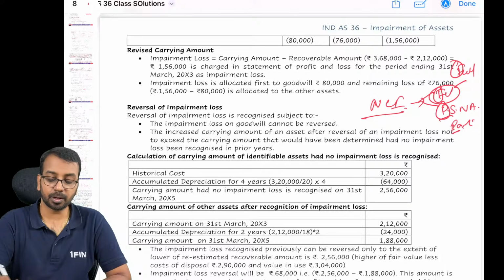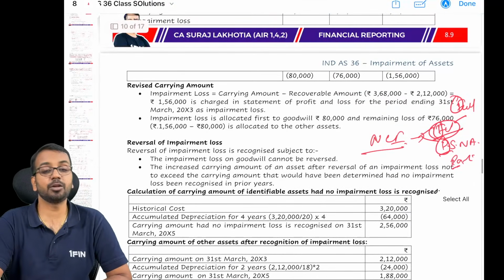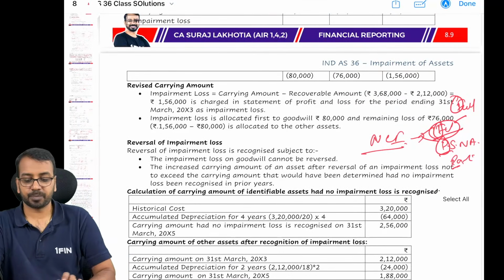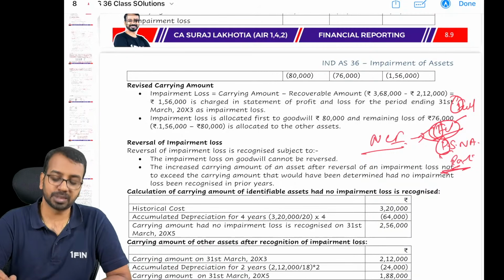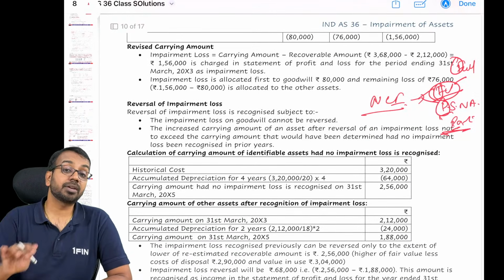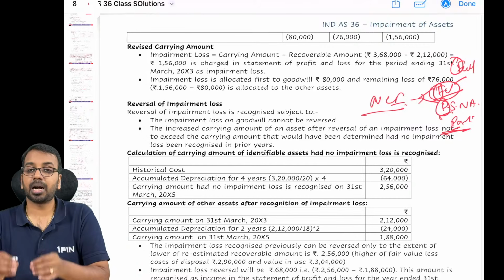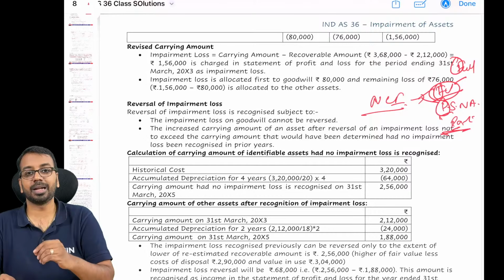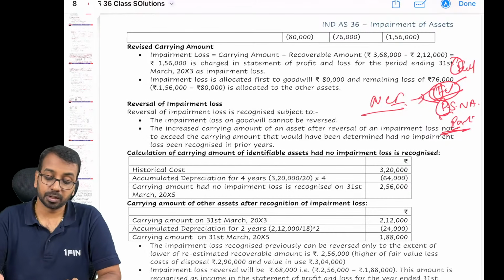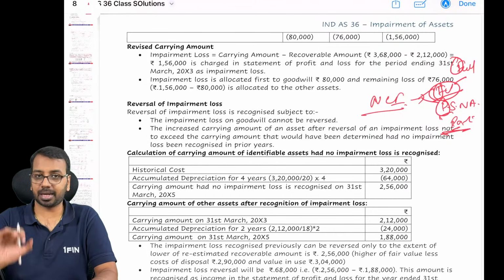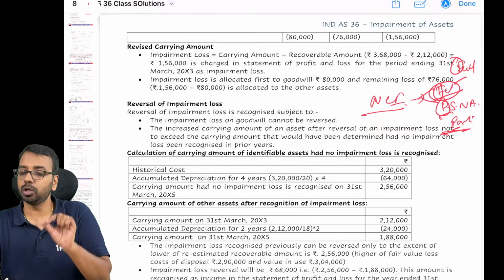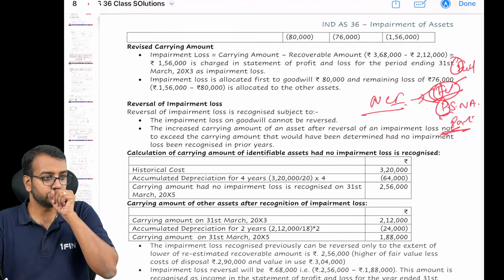If it is the fair value method and full goodwill, there is no complication. But if it is part goodwill, then because the recoverable amount of the subsidiary is considered for 100%, the part goodwill has to be grossed up. So whatever part goodwill is recognized, we'll gross up to bring it to 100%.